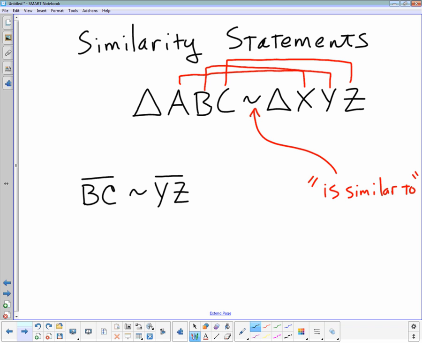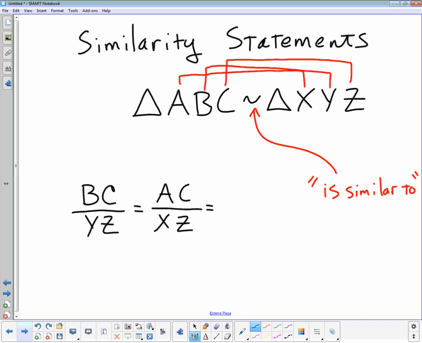Now, we write this like this. Well, BC, like you just said, the length of BC is proportional to the length of YZ. Who would AC be proportional to? XZ. Good. And how about BC? Oh, no, I already did that one.